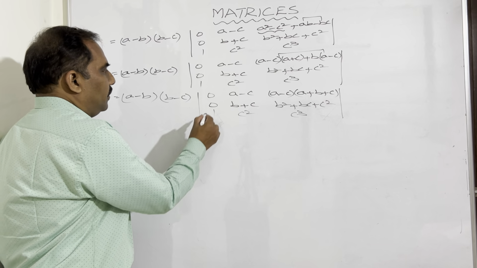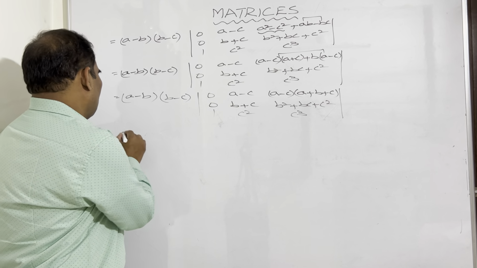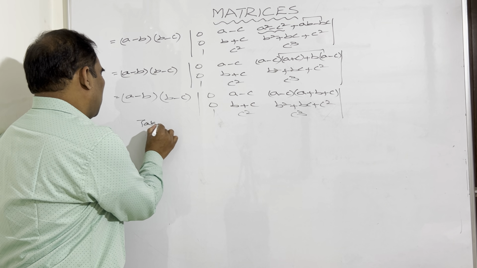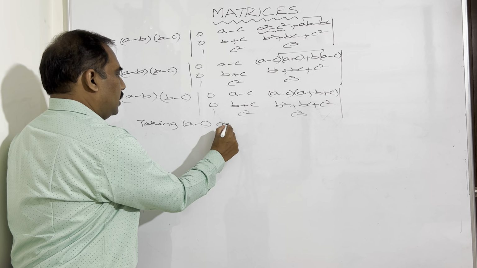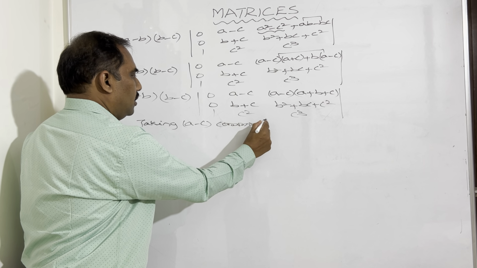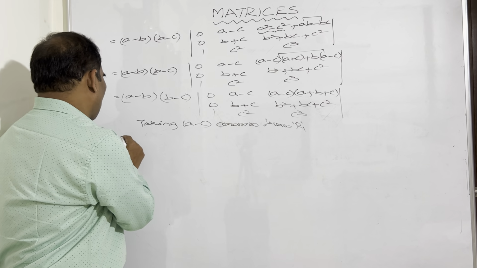Now if you observe in the first row, again a minus c is common. So taking a minus c common from R1, what do we get here?